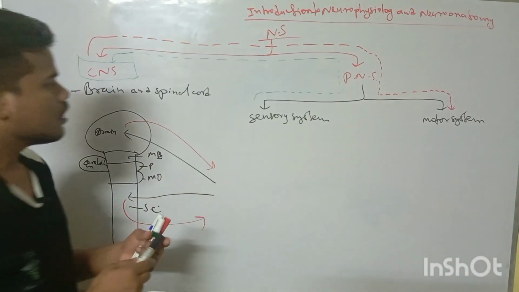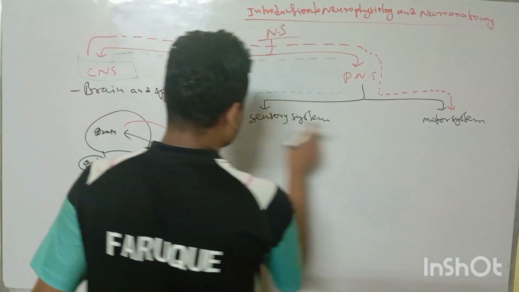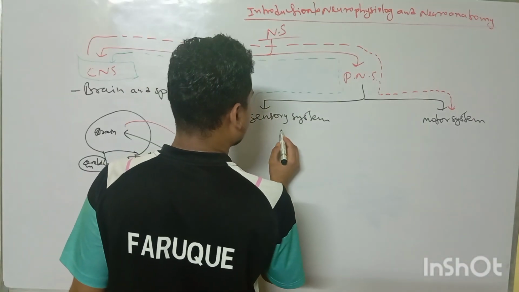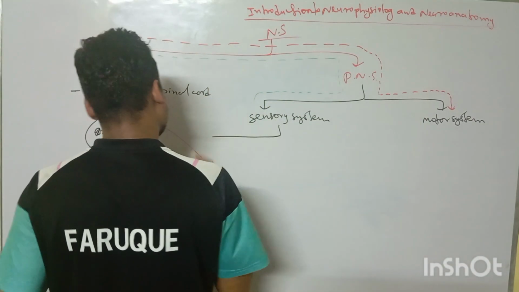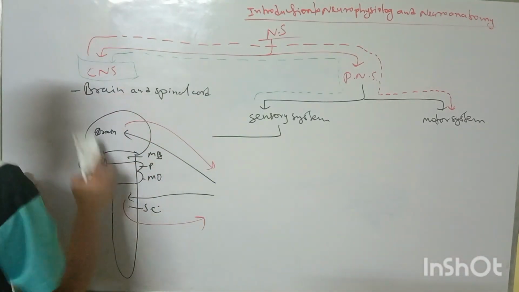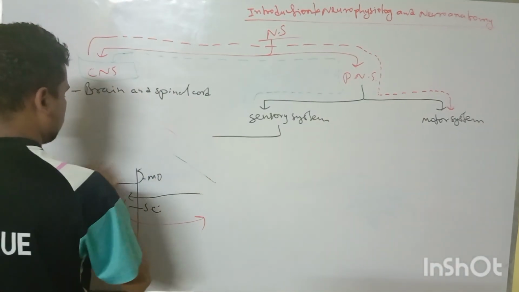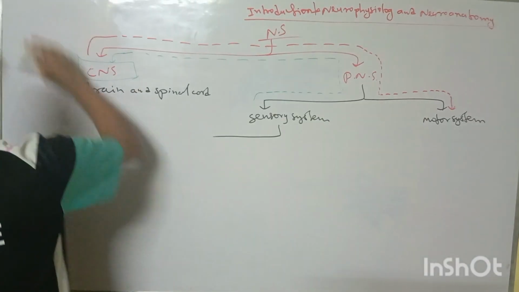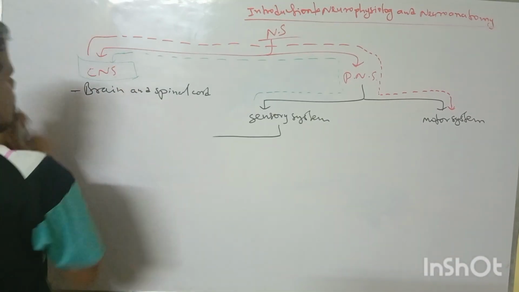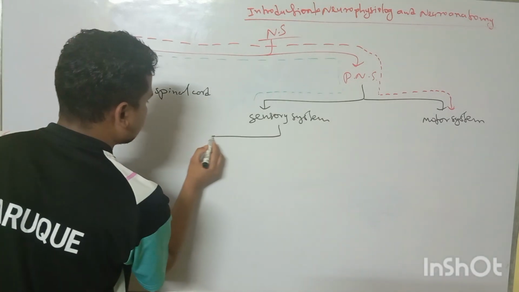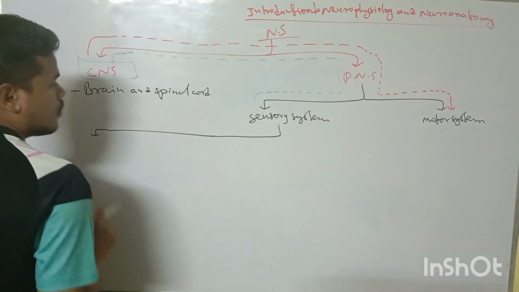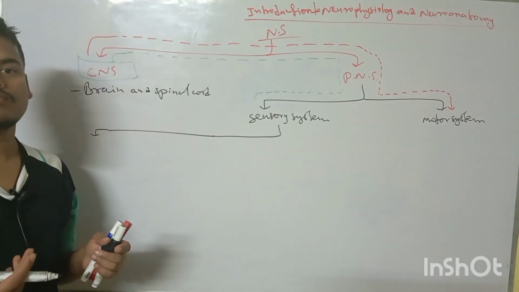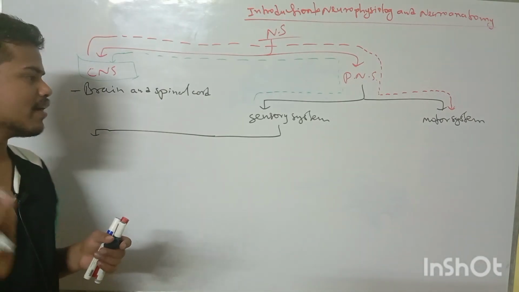So this sensory system, again I will talk about the sensory system. This sensory system will be the sensation. How many types of sensation are there? Can you answer please? Comment down.